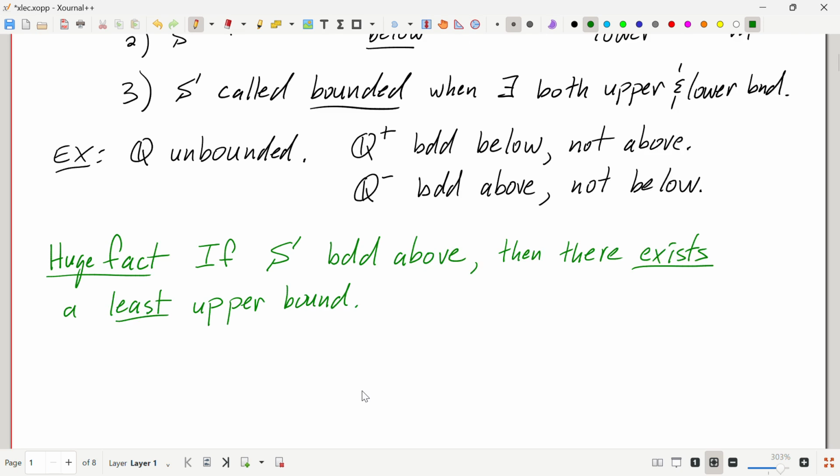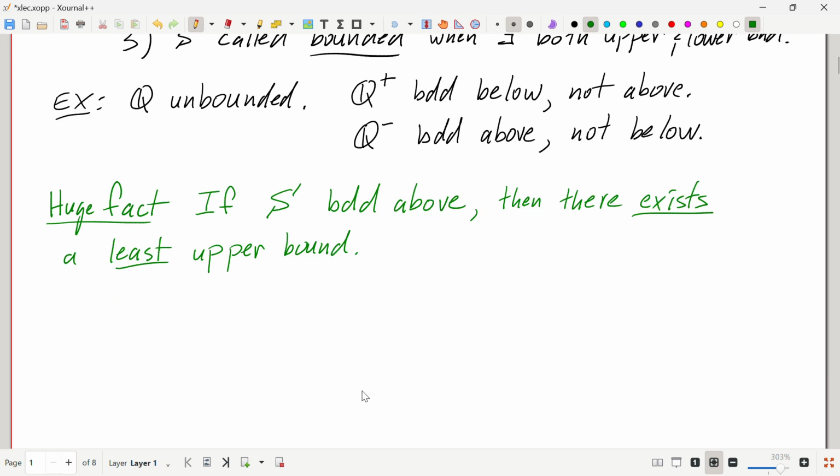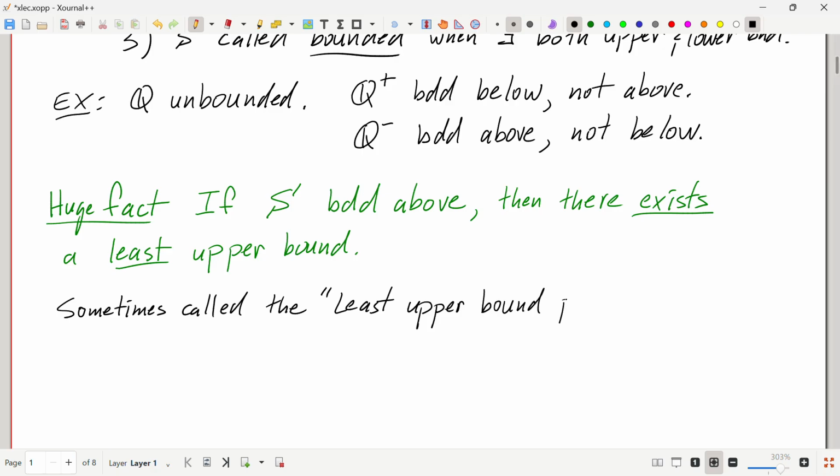Sometimes that's called the least upper bound principle. The book calls it the completeness property of the real numbers, because it's equivalent to the completeness property.